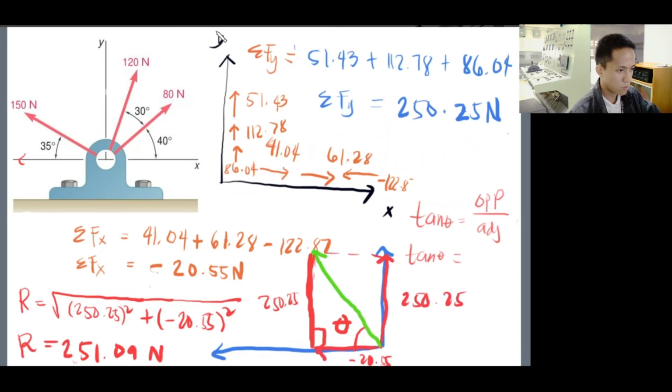So let's delete this first. So 250.25 yon. So this is opposite natin. So if this is your angle, opposite niya is 250.25. Then yung kanyang adjacent is ito, 20.55. So wag mo lang ilagay guys yung ating negative sign. So it doesn't matter here. So measured siya from negative x-axis.